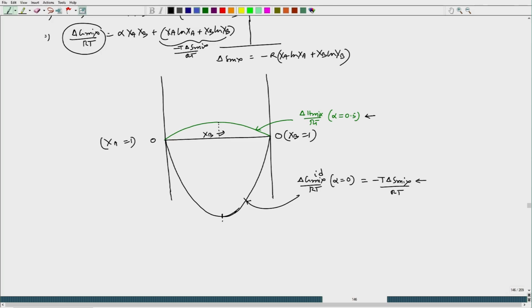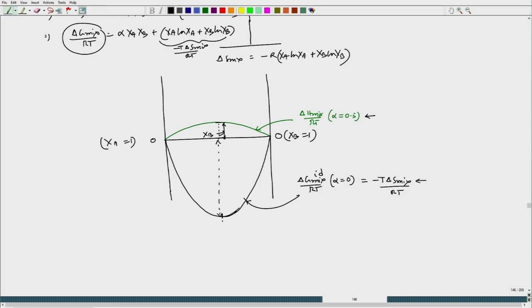Okay. So, now if I try to see the length from here to there, that length is much bigger, in that the delta G mix Id by RT has a much higher negative value compared to the positive value of del H mix by RT at x b equal to 0.5.